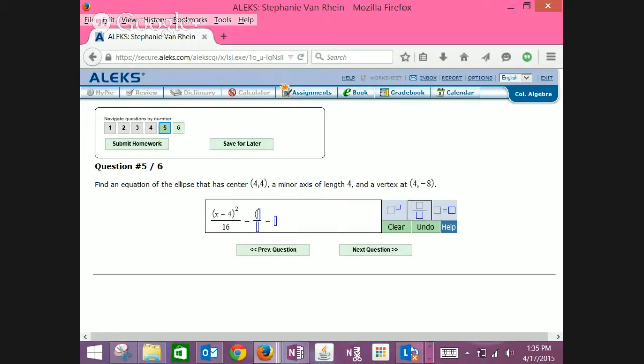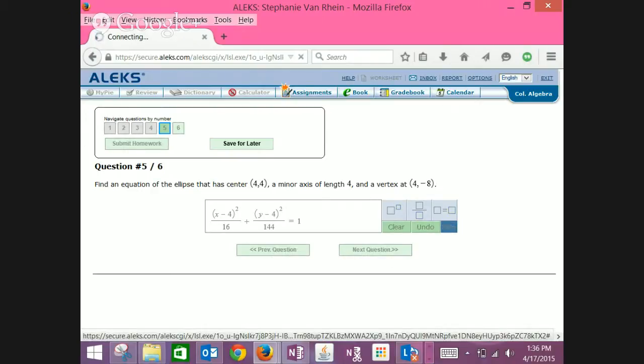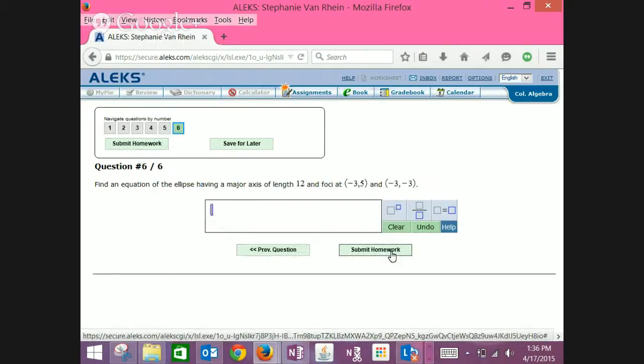Here I have (y minus 4) squared over, what was it? 144 equals 1. Guys agree with that? Sure, we'll see how the grading goes at the end.